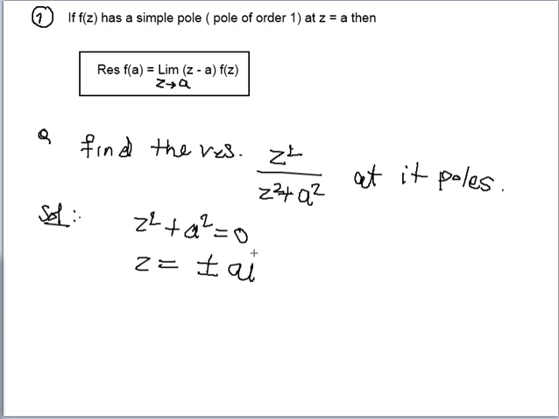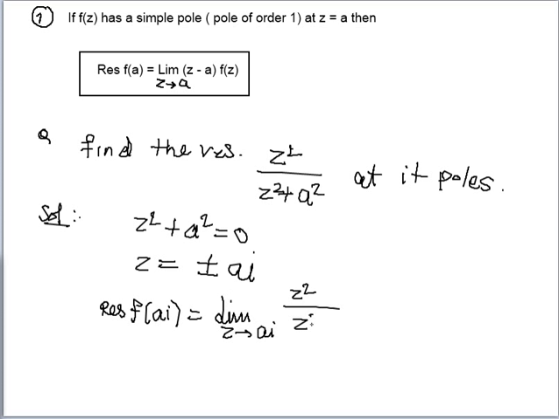Then we can proceed with this formula. So the residue of f at a iota is the limit as z tends to a iota of the function z square upon z square plus a square, and in front z minus a iota.